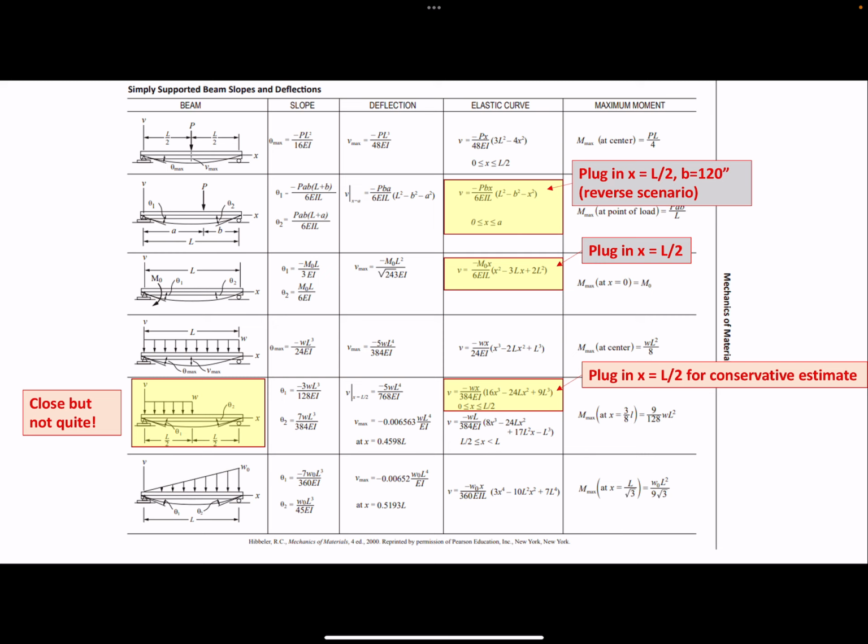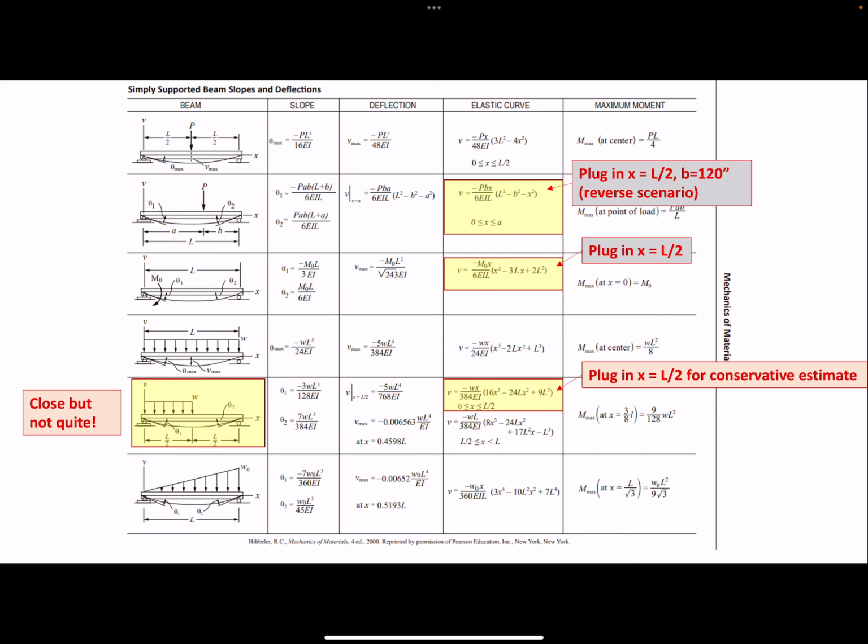So this is one page, right? There's another whole page and then a third page with just one entry on it that you'll see in that handbook. But basically what you do is you go to the table and you find the scenario that matches the load that you're evaluating, right?